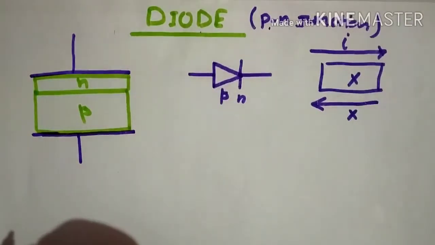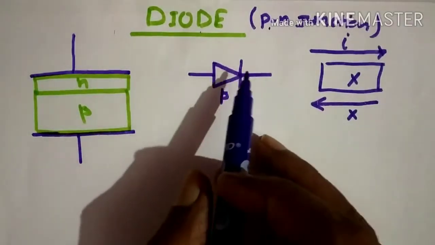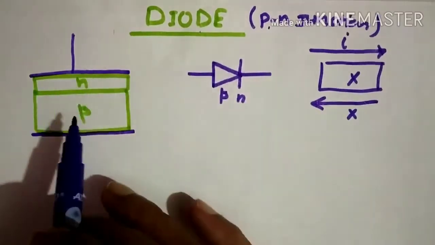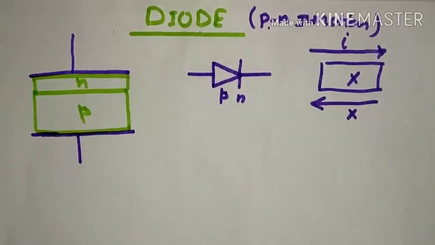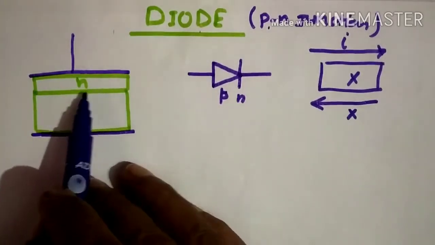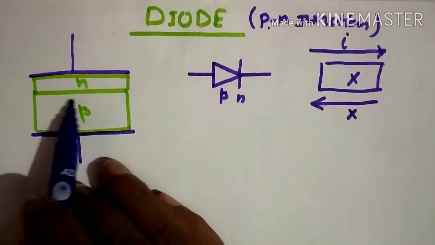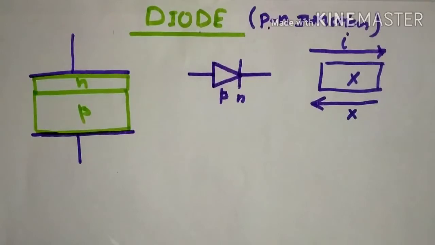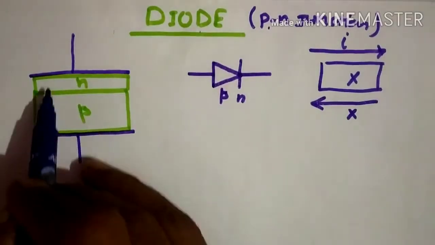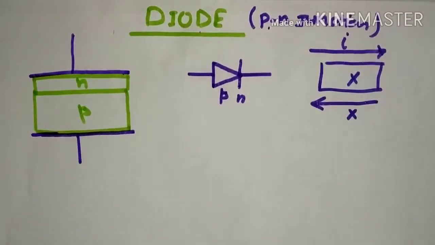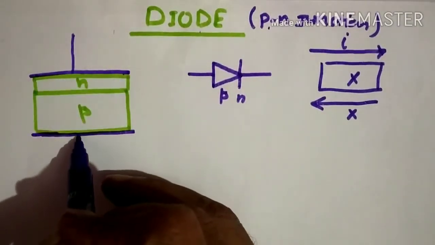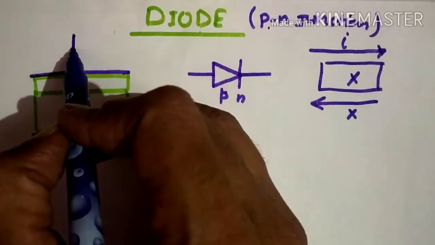A PN junction diode is made by combination of P-type semiconductor and N-type semiconductor under a complex process. After buffering N-type semiconductor over the surface of P-type semiconductor, metal plates are connected at both ends, and with that metal the two terminals are connected.